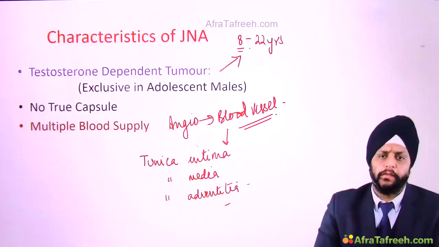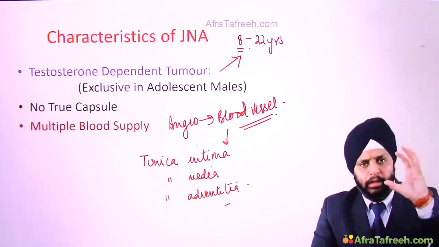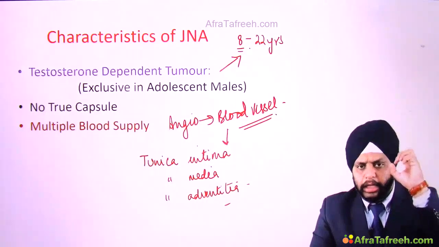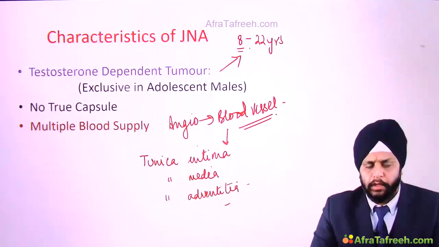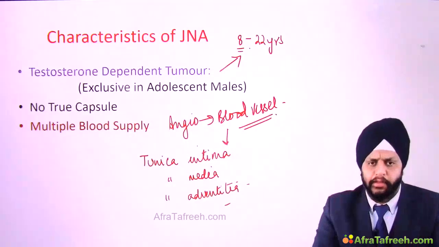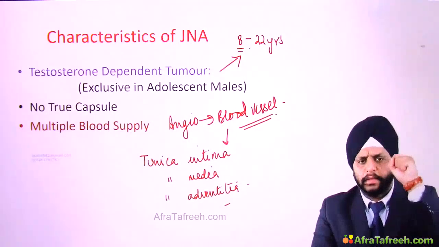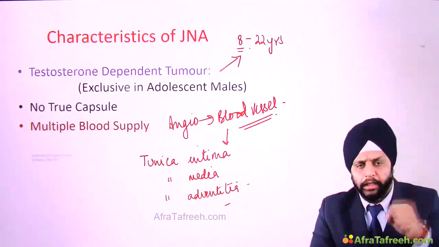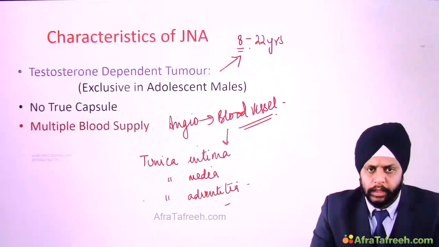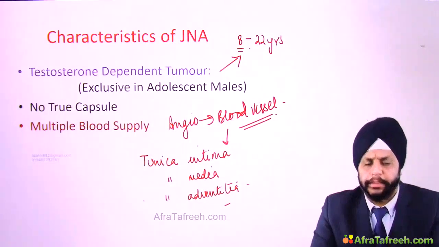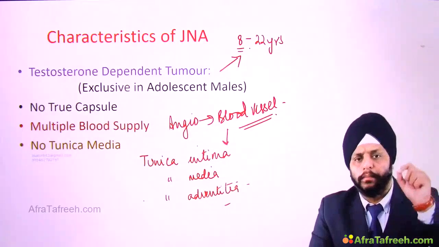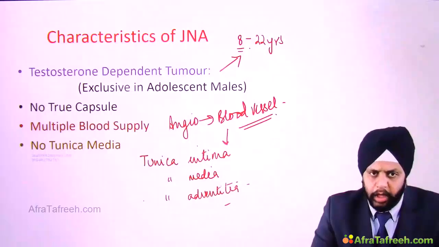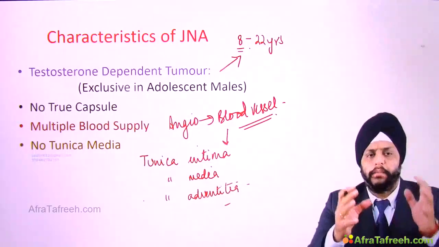What is the function of these smooth muscles? Number 1, in the arteries, they maintain the blood pressure. Number 2, whenever the vessel is injured, the muscles of the tunica media will contract, and when they contract, they stop the bleeding. Right? What happens in JNA? In JNA, there is no tunica media. Okay, so there is no tunica media.